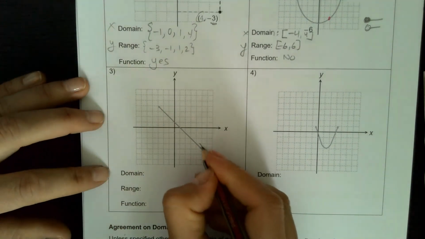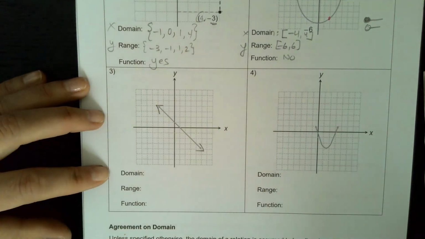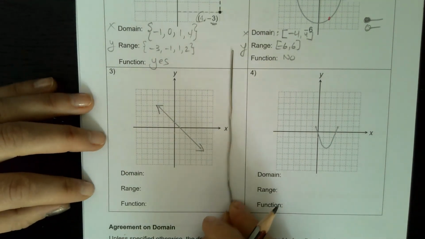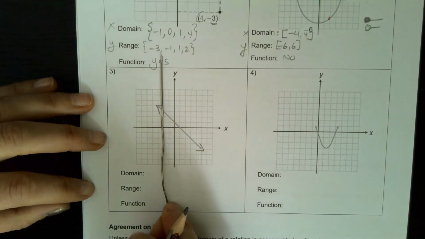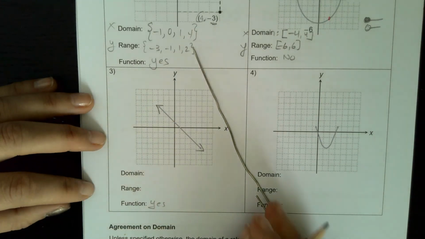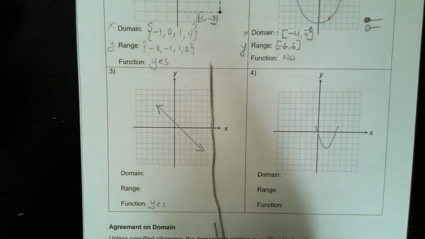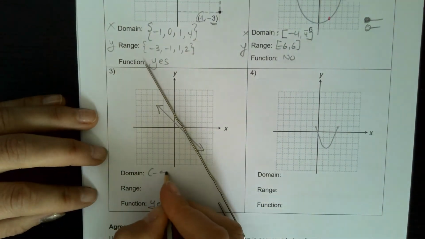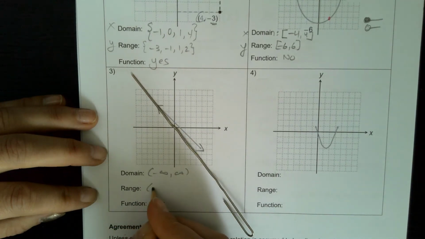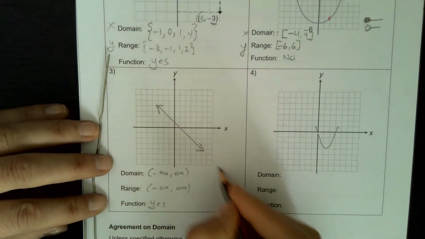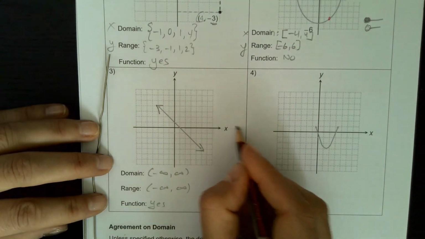So in this one, there's arrows, but it's hard to see. As soon as I see it's a straight line and it's not vertical, I know it's a function because it only touches in one place. So yes, it's a function. And if you remember with domain and range for straight lines, easy peasy, because it goes on forever, so it uses up all the positive x's.